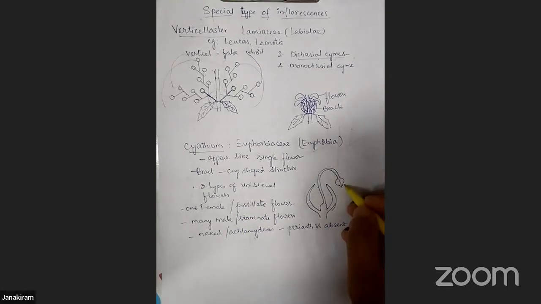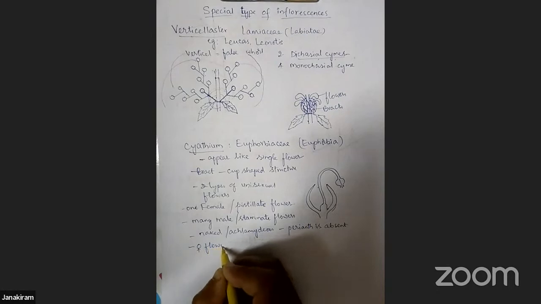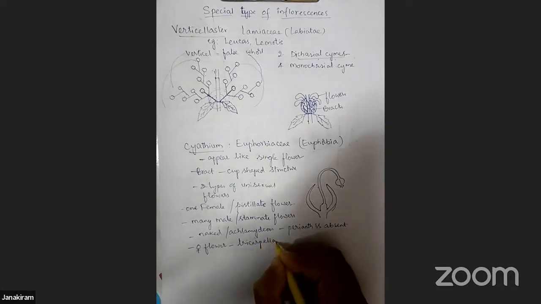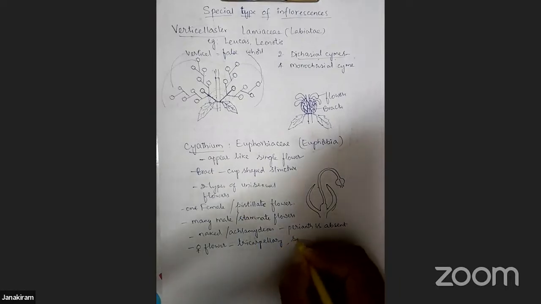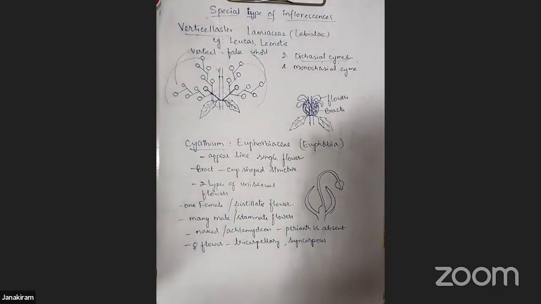And here the female flower is represented by a tricarpellary syncarpous gynoecium. Tricarpellary means the female flower contains three carpels in it, and syncarpous means the carpels are fused.